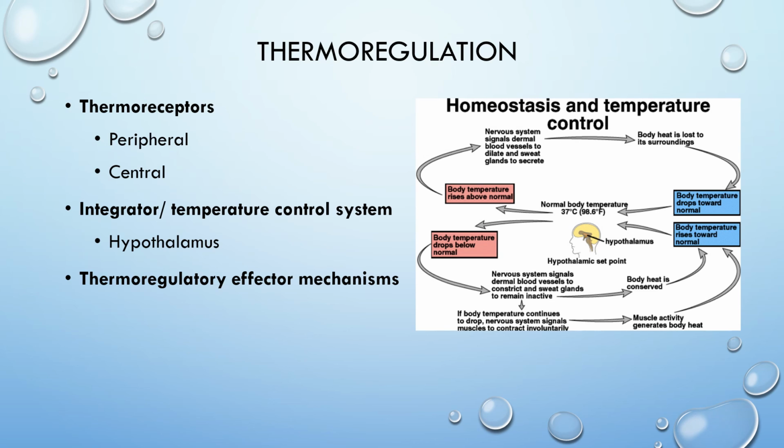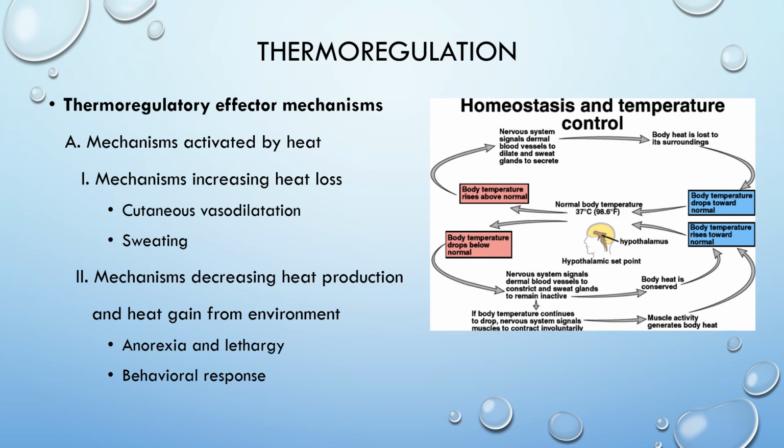Then the information will be compiled and sent to the integrator or temperature control system in the hypothalamus. And finally, we have the thermoregulatory effector mechanism, which can be stimulated if the mechanism was activated by heat or if it was activated by cold.